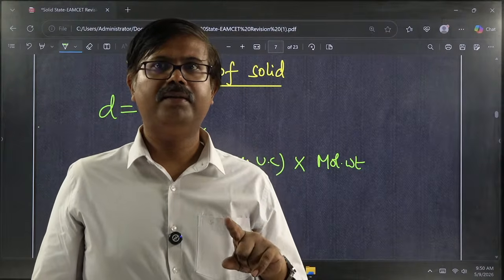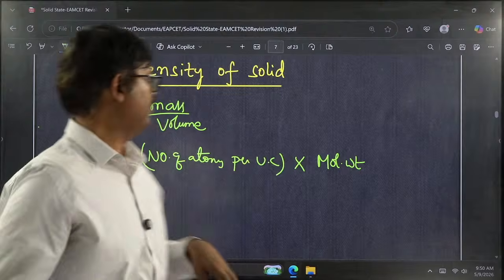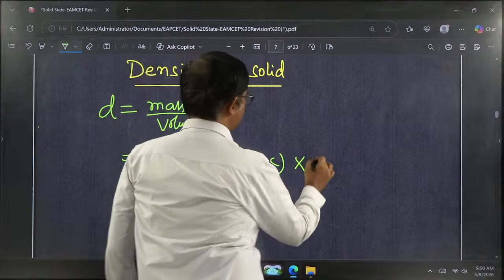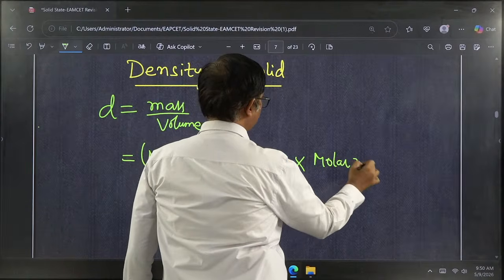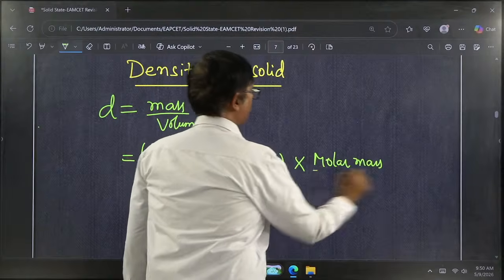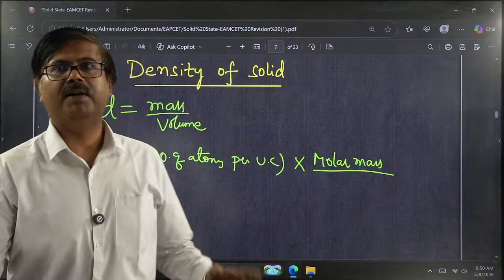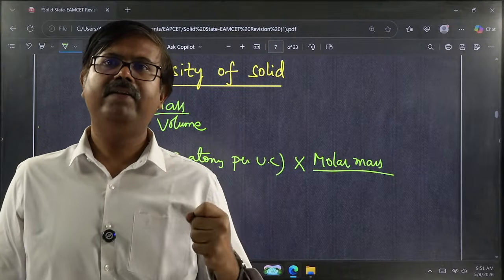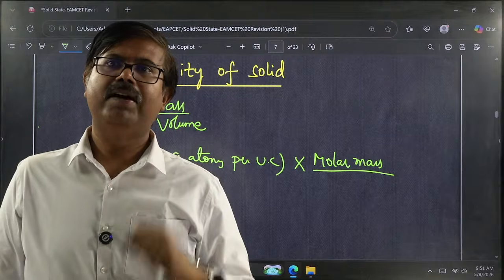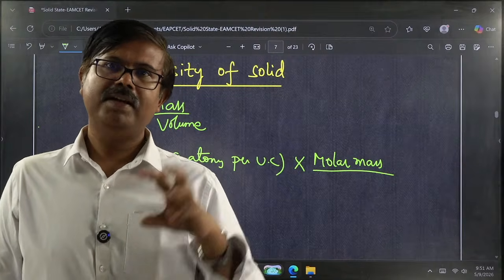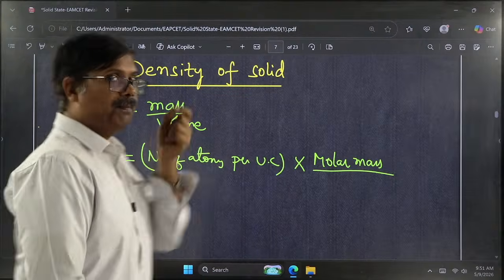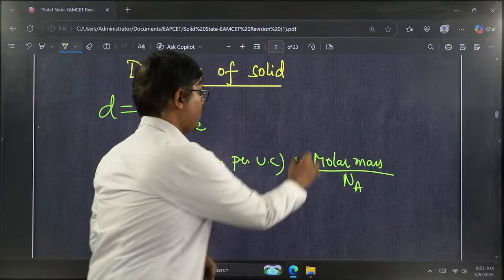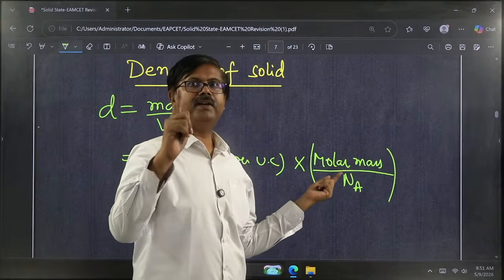Actually it is better to write molar mass, because we are dealing with atoms. That means atomic weight, gram atomic weight. Molar mass is the mass of 1 mole of atoms, meaning Avogadro number of atoms. If the mass of Avogadro number of atoms is this, the per atom mass is how much? Divided by Avogadro number. This is the mass of one atom, a single atom.